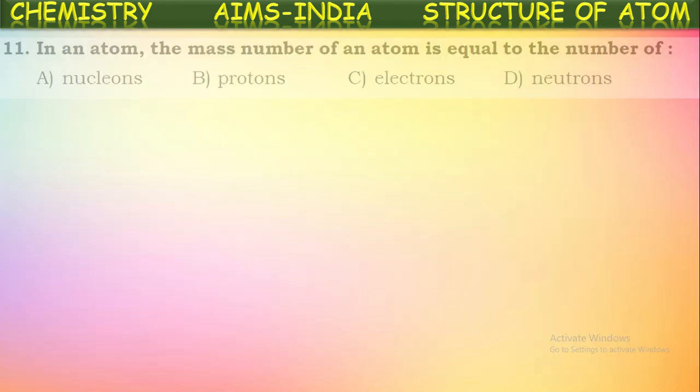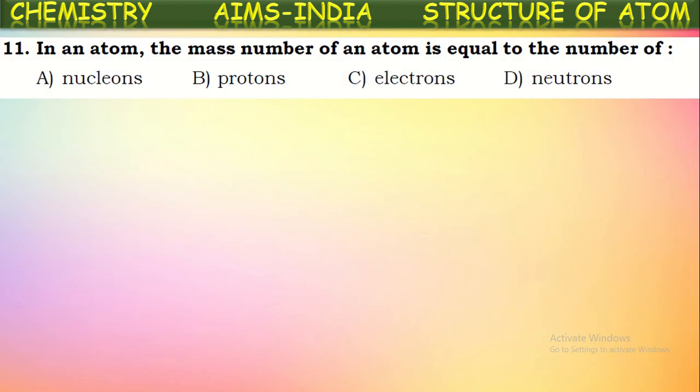Okay, next one. In an atom, the mass number of an atom is equal to the number of... to which it is equal. Mass number is defined as the sum of the protons plus neutrons of an atom. We know the protons and neutrons are present inside the nucleus of an atom, and hence these together are considered as nucleons.